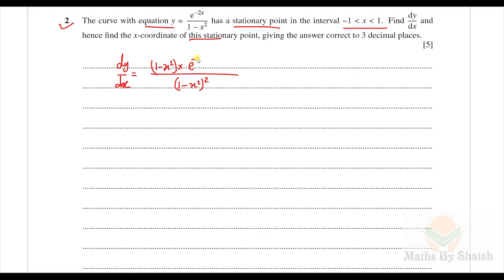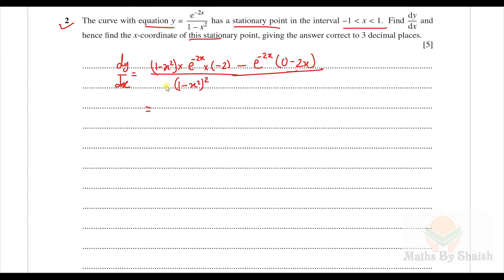The differentiation of e^(minus 2x) is minus 2 e^(minus 2x), from the chain rule. Then you write the numerator as it is and do the differentiation of the denominator. The differentiation of the denominator is 0 minus 2x.